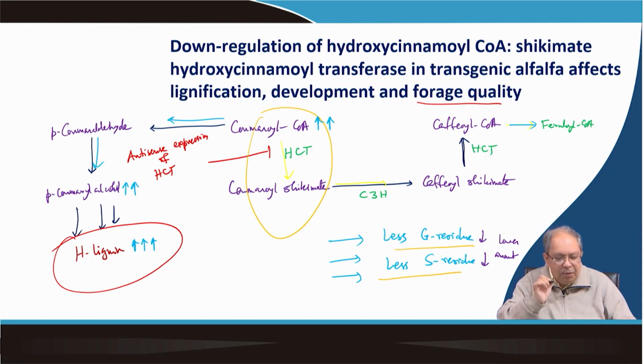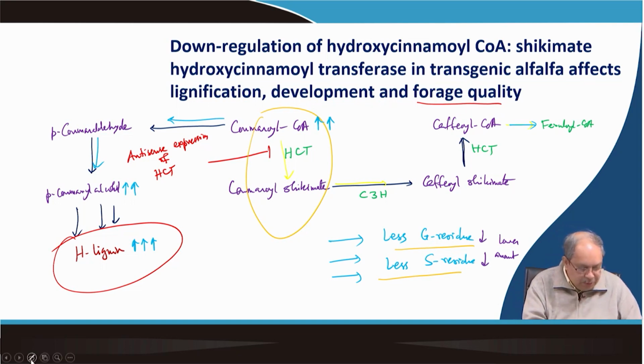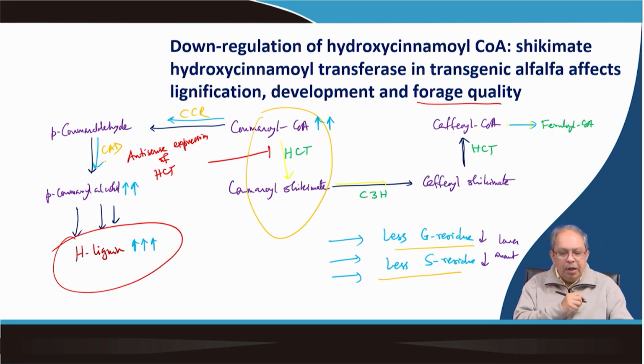Now, this is something very interesting here. In the case of this alfalfa, the G and S components are reduced because you are blocking at HCT, but that in turn leads to more coumaroyl CoA accumulation, and that coumaroyl CoA is channelized towards this H lignin pathway, where you have CCR and CAD, and eventually it makes more paracoumaryl alcohol, which is channelized towards the H lignin. So, the transgenic alfalfa accumulates H lignin in higher amount, which is actually very good.